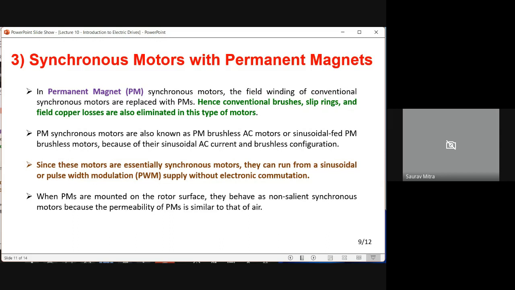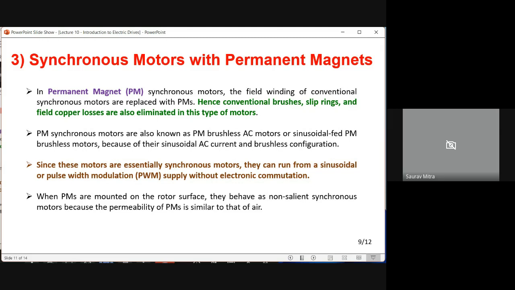That means the slip is 5%, that is 1000 minus 950 divided by 1000 into 100. But a synchronous motor will always run at synchronous speed, and if it falls below synchronous speed, it will come directly to zero. So either it is running at synchronous speed Ns, or it will be stopped.